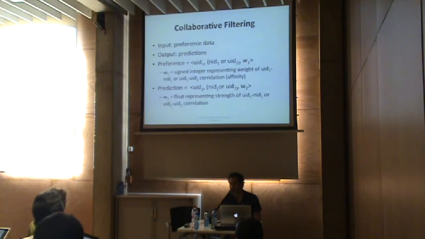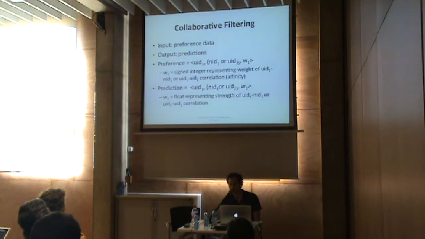It could be a weight of either 0 or 1, just a Boolean saying this user has browsed this node, and then if the user hadn't browsed a node, we wouldn't have a record of it. Or it could be a rating, 1 to 5 stars, could be a tag, and then you have your own system of evaluating where within your scale 0 to 1 that weighting would be derived. But it's an assigned integer, so you could have negative weights as well as positive weights.